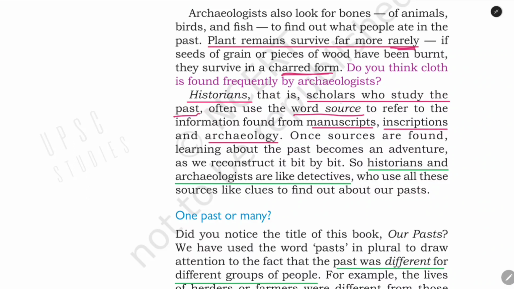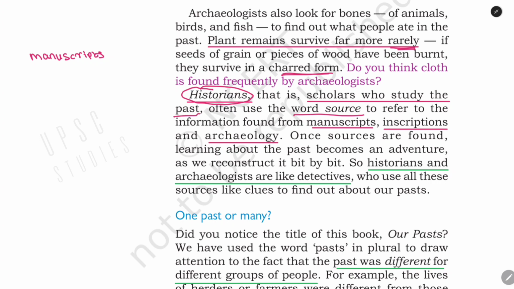Historians, that is the scholars who study the past. So who are historians? The scholars who study the past often use the word source to refer to the information found from manuscripts, inscriptions and archaeology. So far we studied manuscripts, inscriptions, etc., and archaeology.